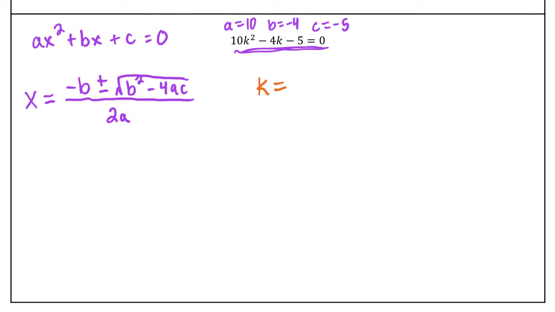So let's see. In this case, we have b is -4. My formula says negative b. So what I need to do is think, what is negative b? Okay, what is that? -4. Well, two negatives give us a positive.